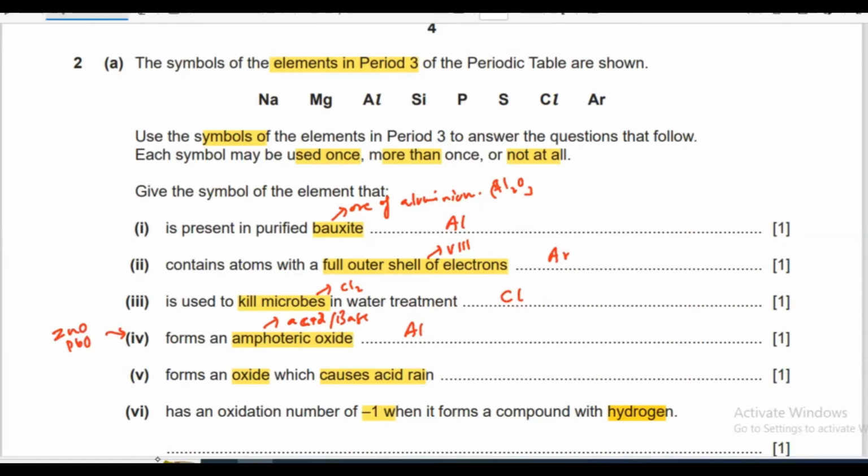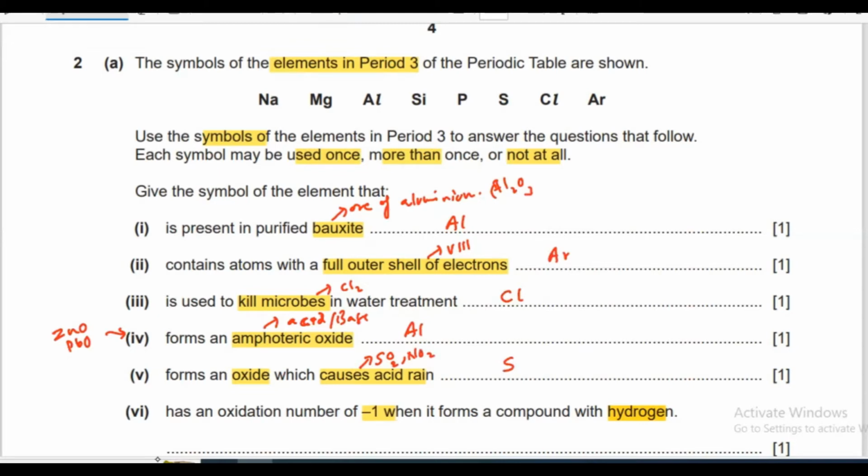Form an oxide which causes acid rain. There are two substances responsible for acid rain, sulfur dioxide and nitrogen dioxide. In this list, these are elements of period 3, but nitrogen is in period 2, so the answer is sulfur.